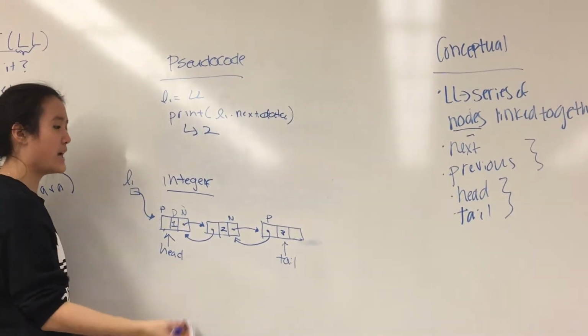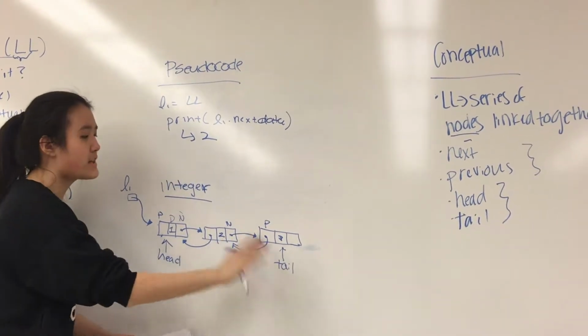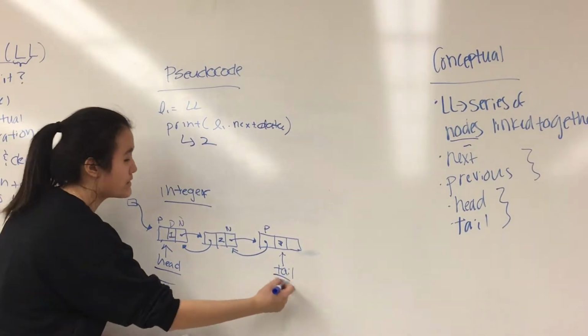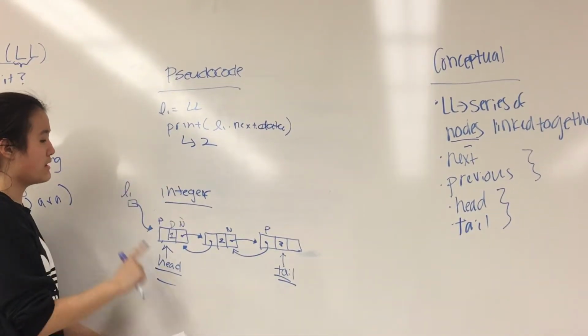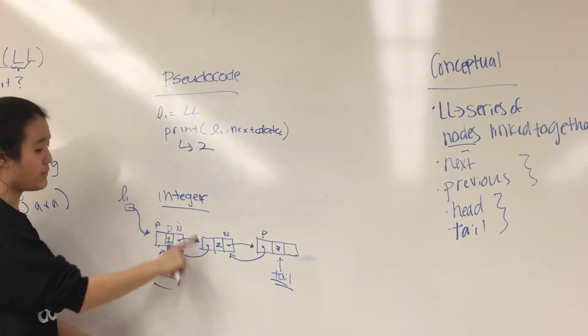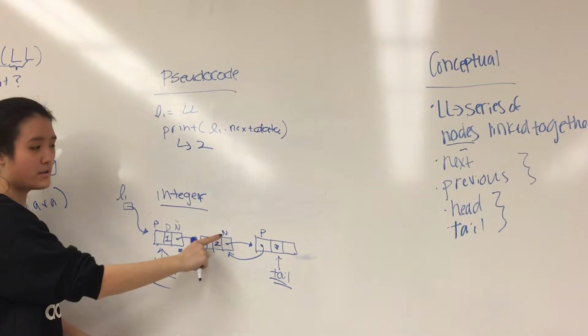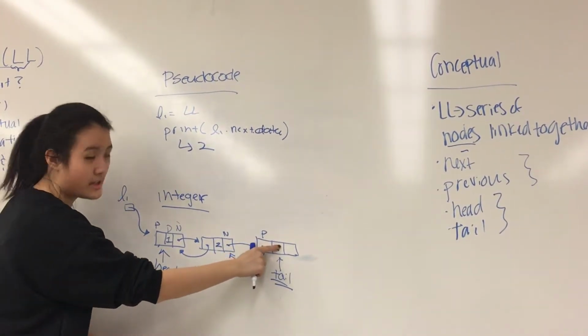Now if I wanted to get this node's data right here, and let's say I was not allowed to use tail, let's say I don't have access to head or tail, and you only had access to L1. What you would do is L1, pointing to this first one, dot next, dot next, dot data.